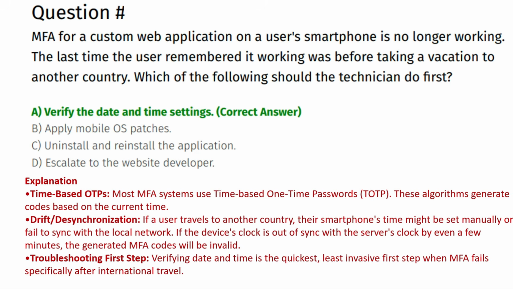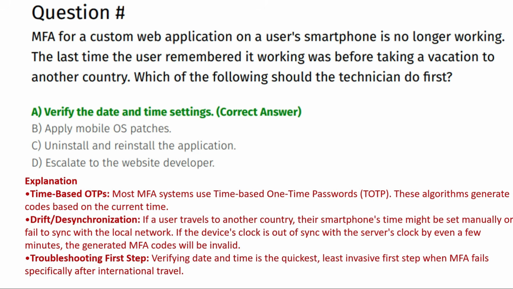So let's check the explanation. Time-based OTPs: most MFA systems use time-based one-time passwords. These algorithms generate codes based on the current time. Drift and desynchronization: if a user travels to another country, the smartphone's time might be set manually or fail to synchronize with the local network.